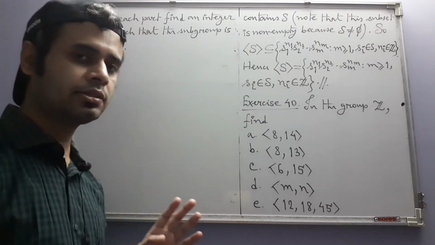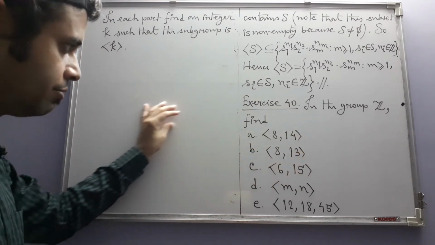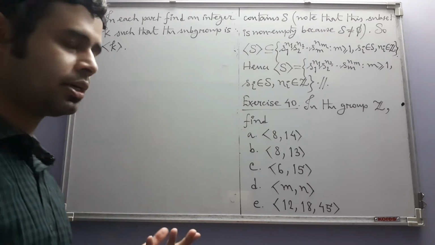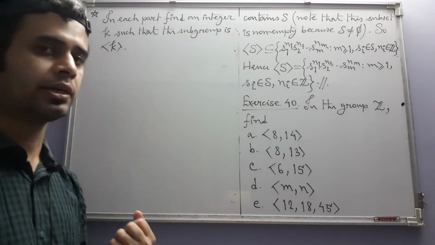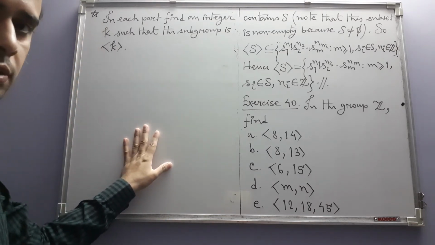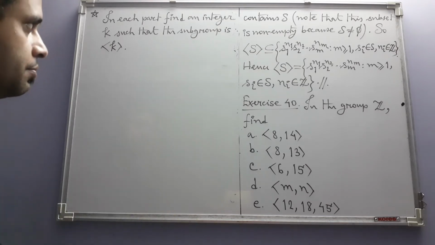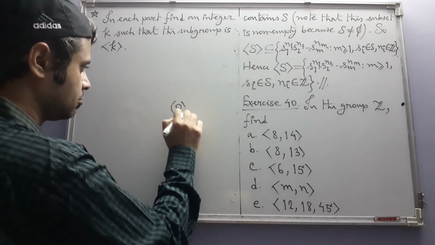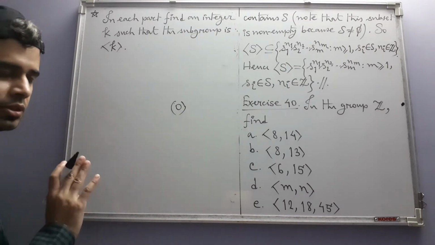We have already seen this before. In the additive group of integers, every subgroup is in fact a cyclic subgroup generated by some element, and we also know what that element is. That is the smallest positive integer contained in the subgroup, except of course the trivial group where there is only 0, which has no positive integer.